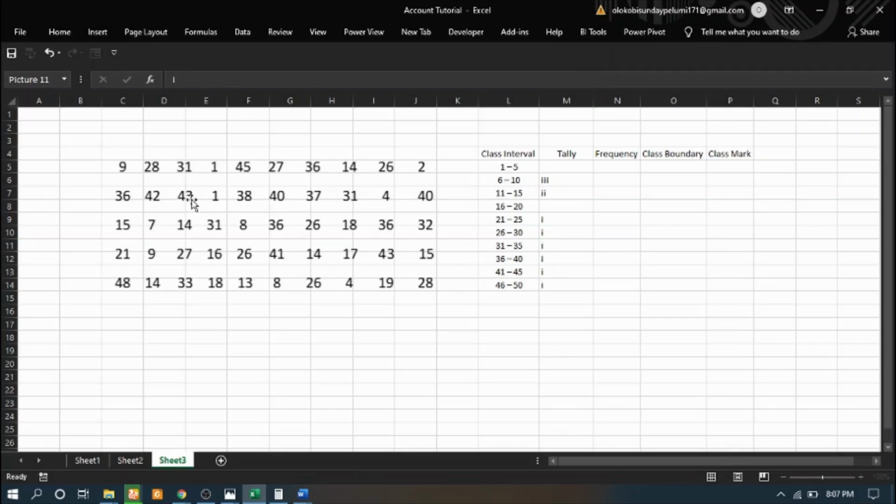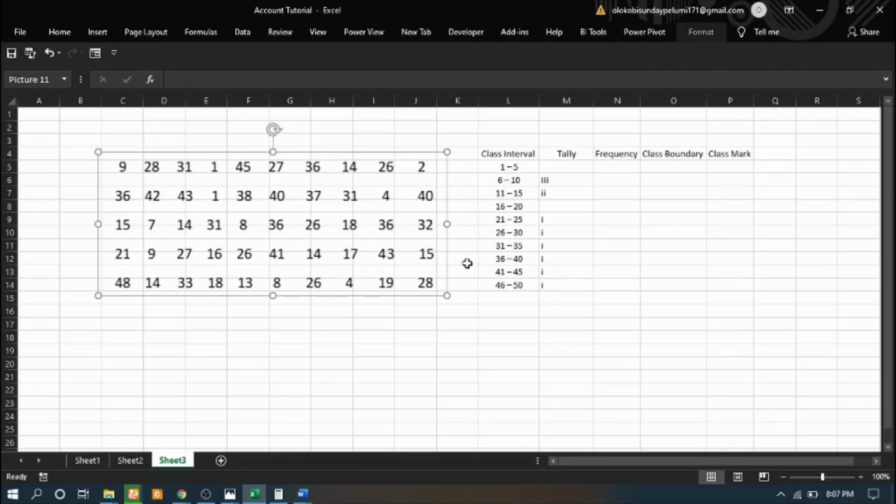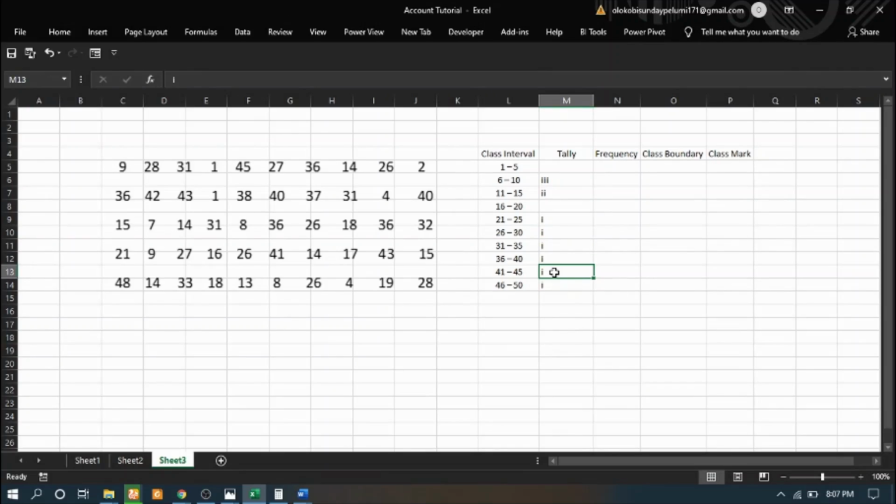We have 43 here, in this class. Then 14 is in this class here. We have 27 in this class. Then 33 is in this class here.